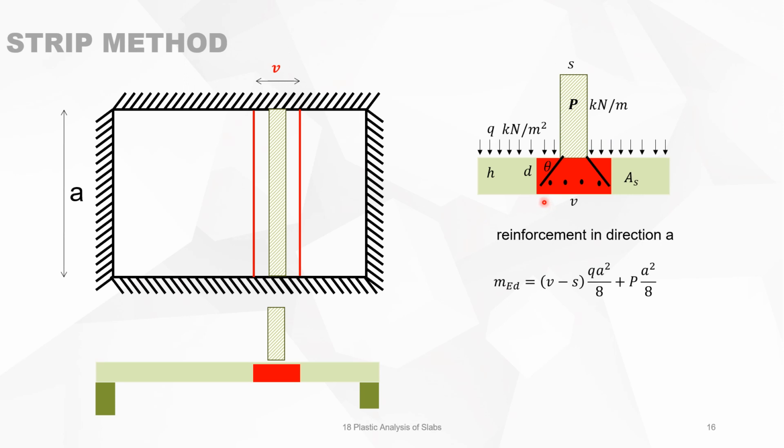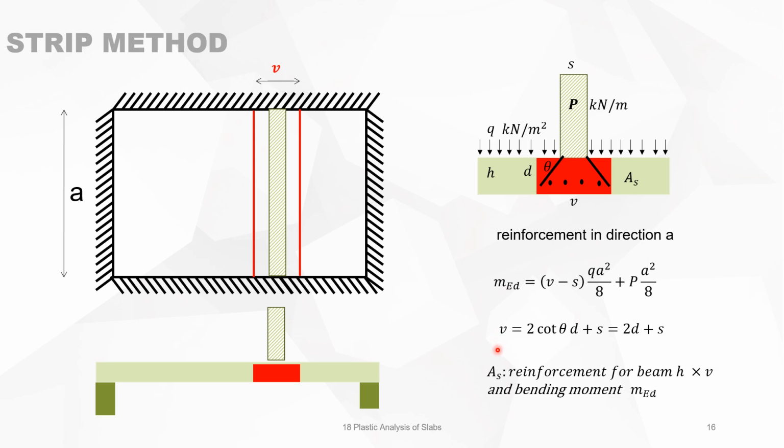It means it is v minus s, which gives you the portion on the left and the right of the wall, times q a squared over 8. That's the bending moment. And the width v is in fact equal to 2 times cotangent theta times d, plus s. And when cotangent theta is 1, then you have 2d plus s. So it's quite obvious that v is then 2d plus s.